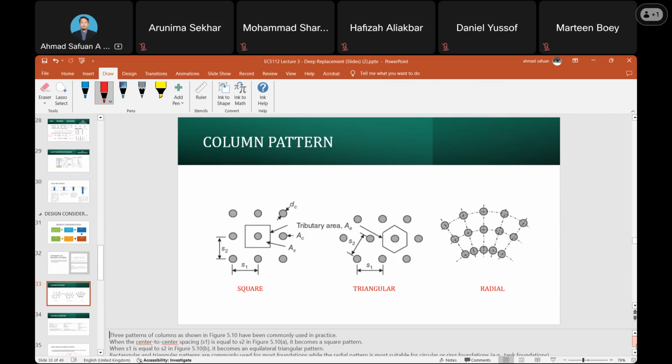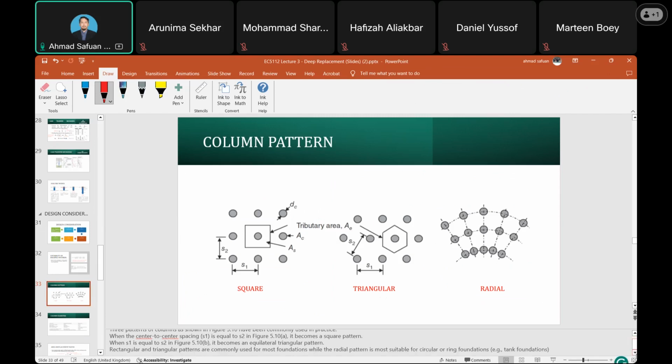But radial is more suitable for circular or ring formations like a tank. So then we have S1 and S2. S1 and S2 are the spacing between the center of one column to the center of the next.